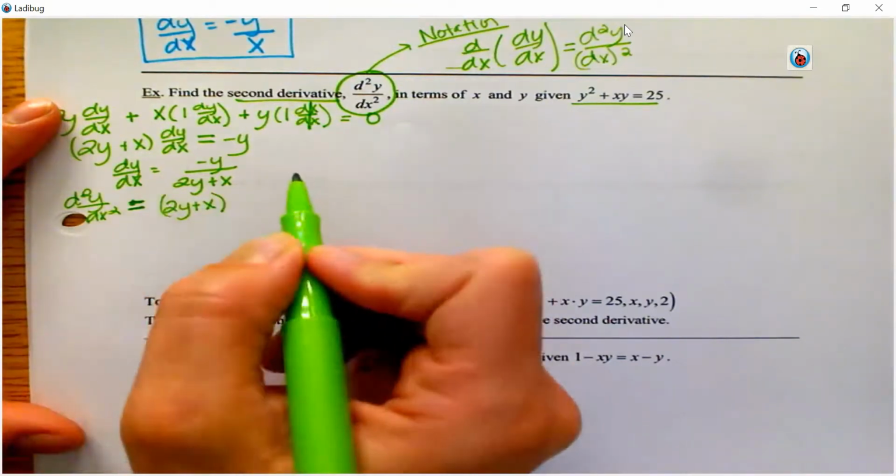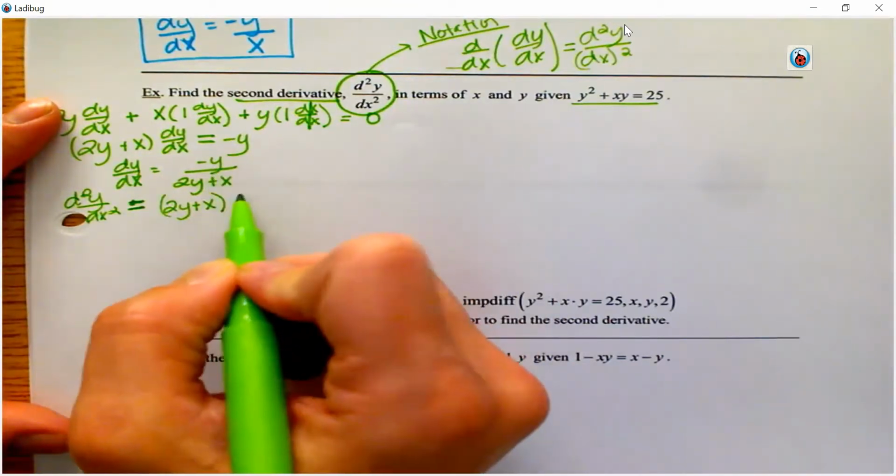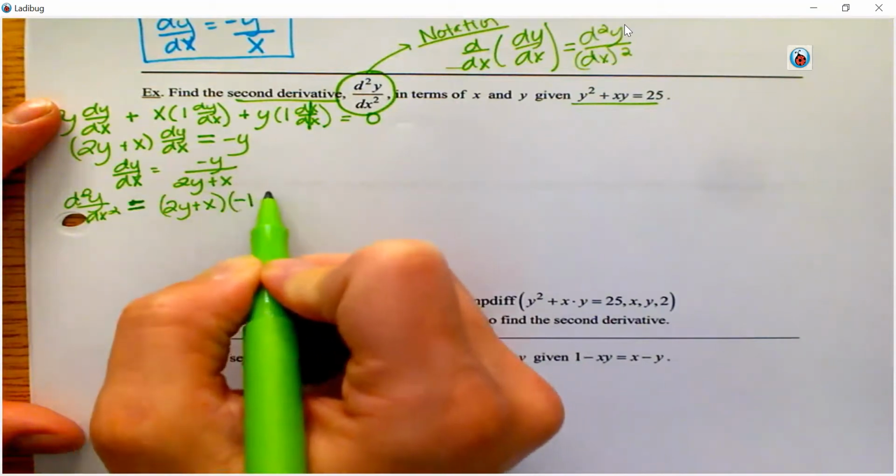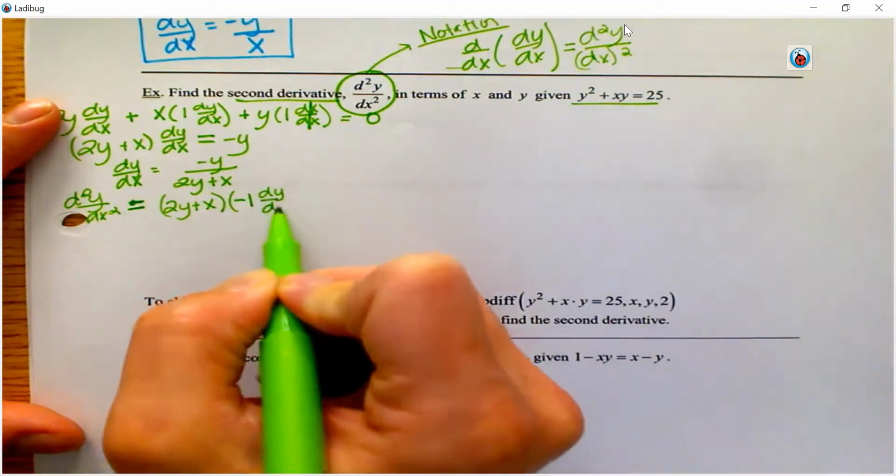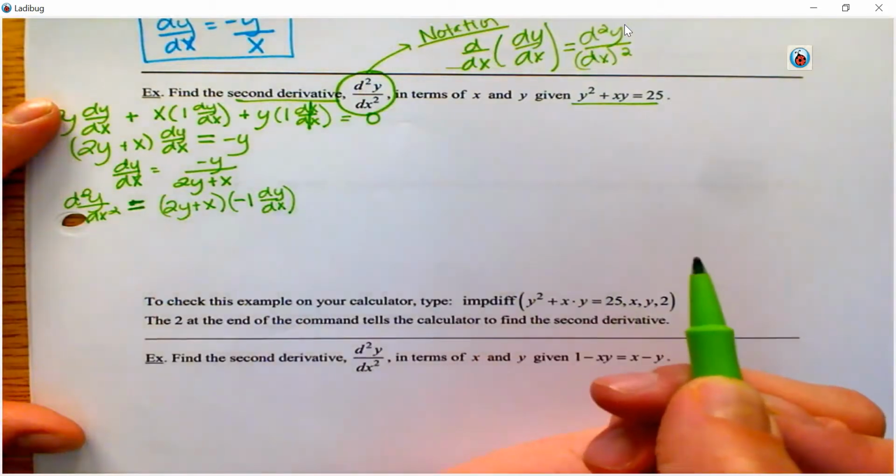Times the derivative of the high function. The derivative of the high function is negative 1. Don't forget the dy dx. That's easy to forget on that one.